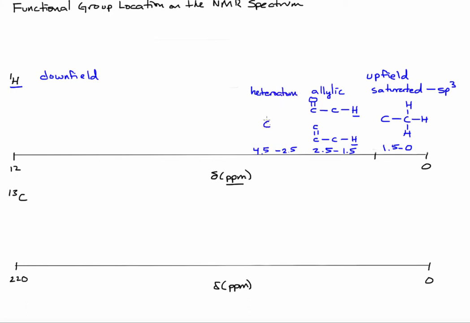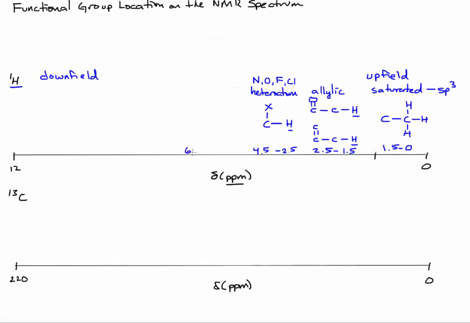So you have a carbon bonded to, say, some heteroatom X. These hydrogens occur in this region. So what is X that we've learned? So nitrogen, oxygen, fluorine, chlorine, bromine, iodine, the halogens. So now we're moving more downfield again.